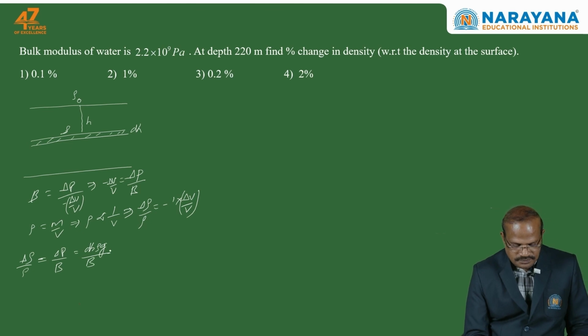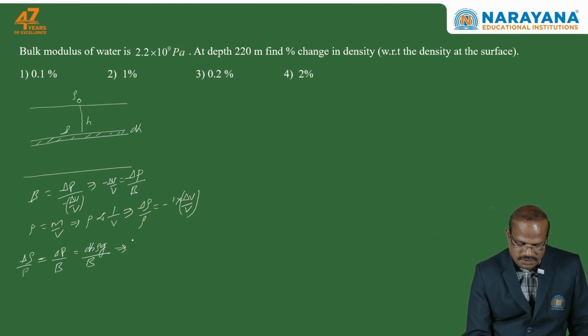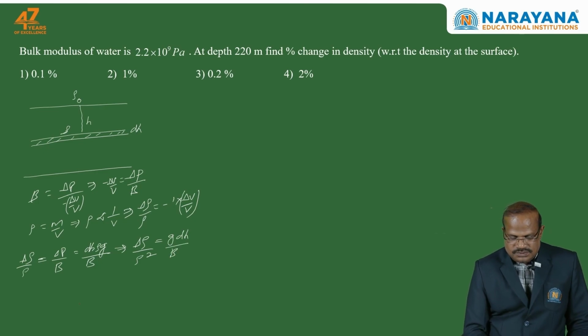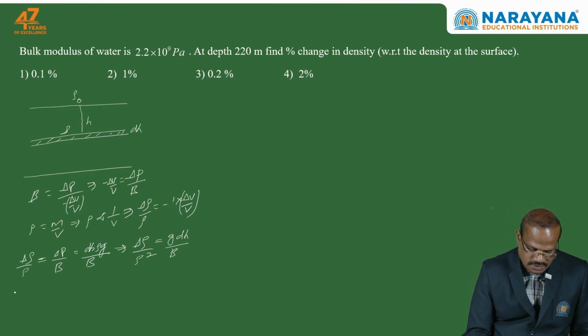So delta rho by rho equals rho g dH by B, which implies delta rho by rho square equals g dH by B. Integrating on both sides, the integral of delta rho by rho square equals g dH by B, with the integral from 0 to H, and rho naught to rho.